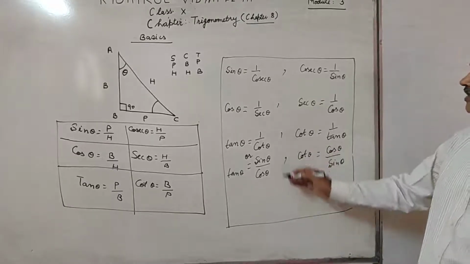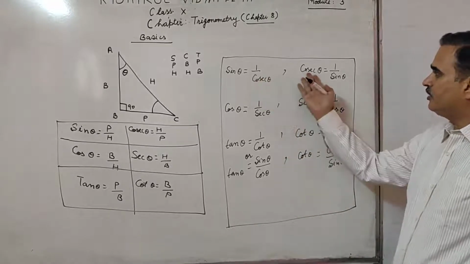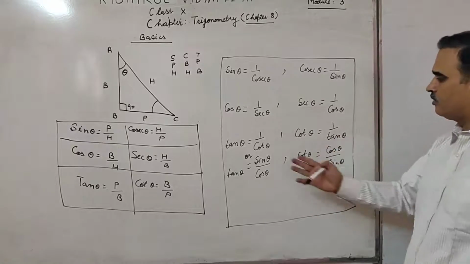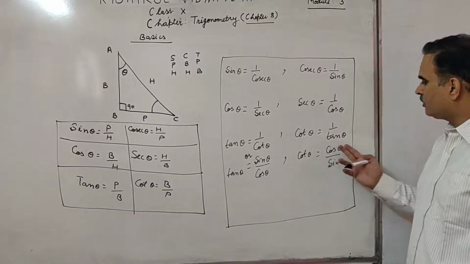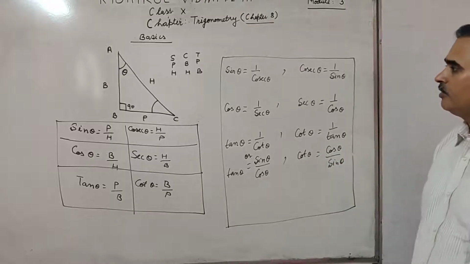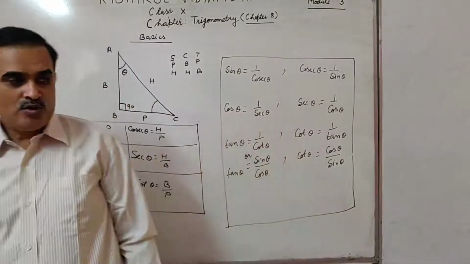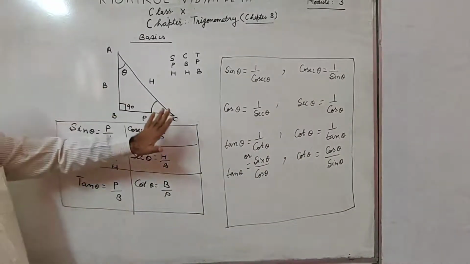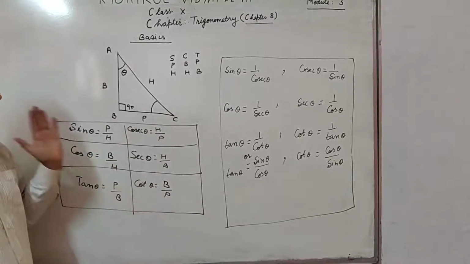So this is a very important relation between these 6 T ratios, because these 3 are inverses of these, and this is another very good relation. So my dear students, now you have gone through these trigonometric ratios. Up to now I told only these trigonometric ratios.